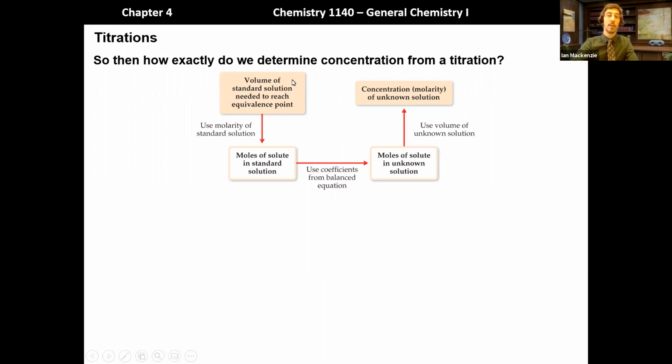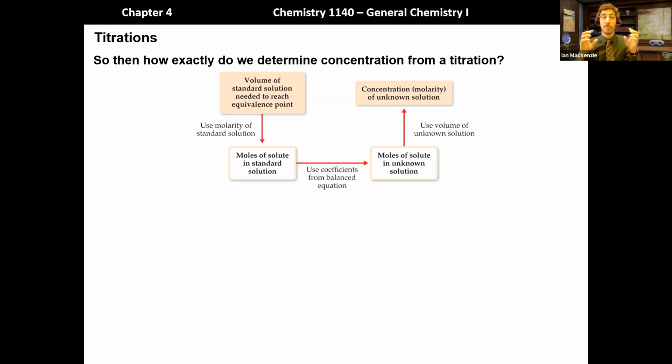Now, using the molarity of the standard solution and that volume, we figure out the number of moles. Remember, molarity is moles per volume in liters. So if you know the volume in liters and you know the molarity, then you can find the number of moles of solute in the standard solution, in this case the base that you used.